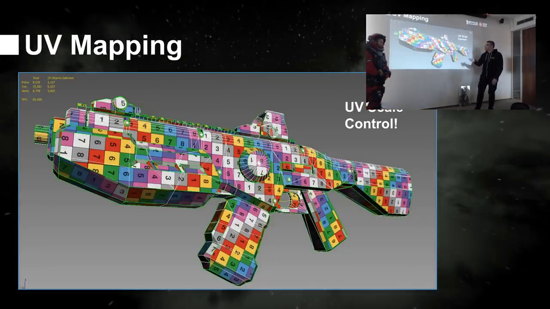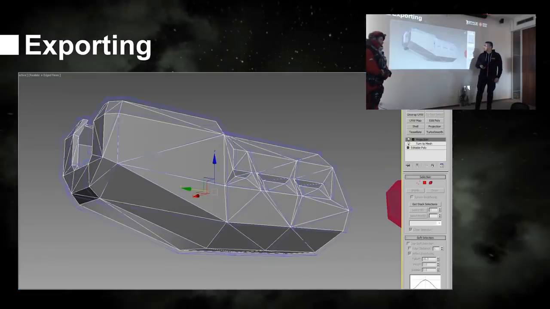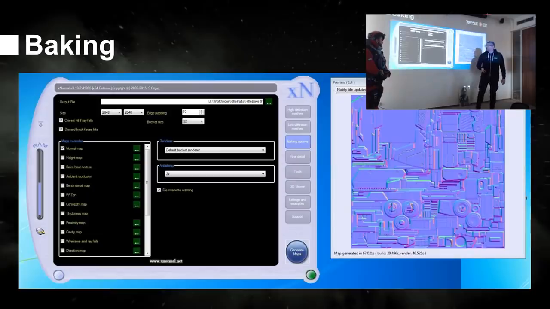Right? So this is another step where we apply this checker type texture on a model, and we check if all the parts of this rifle are relative in terms of scale. And then, like I was saying, piece by piece, we're exporting each part to xNormal or to Marmoset Toolbag.